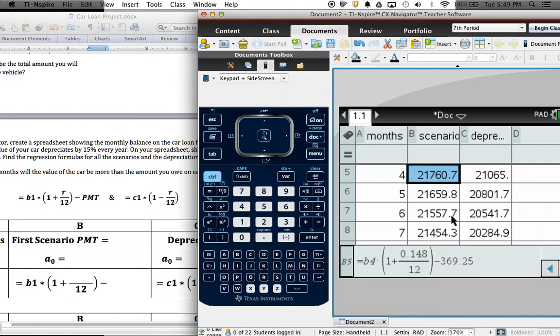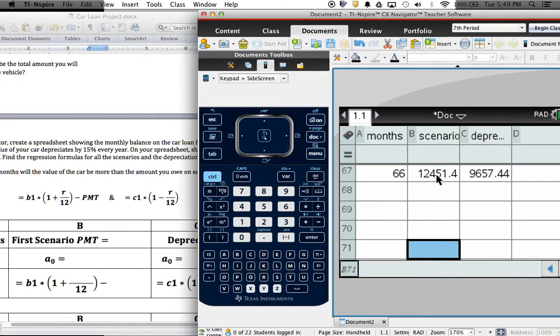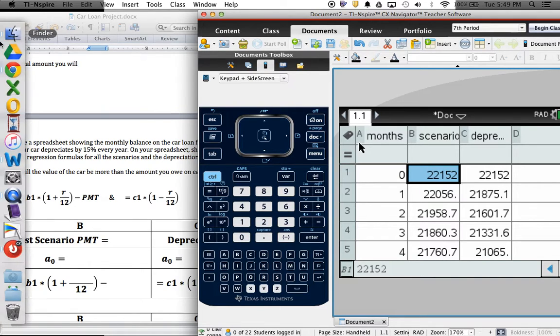But when you increase the interest rate and reduce the payment, it's going to take you longer to get the balance left owing low enough that the value of the car is greater. So notice I'm all the way down here to the 66th payment. Remember, with the first scenario, it only took us 66 payments to pay it off. With the third scenario, it's going to take you a lot more payments, and even after making 66 payments, you still owe more than the car is worth. So that's the kind of situation that's going to happen with every single one of the scenarios.